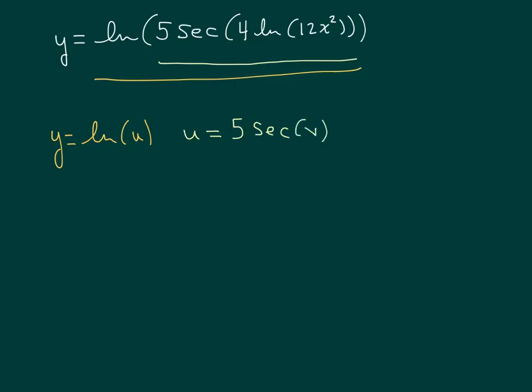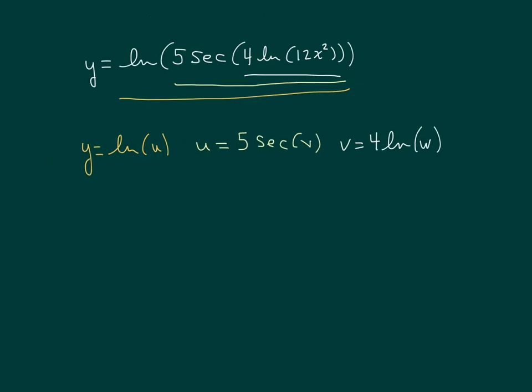I don't know. How about v? And then let's get to the next inside, which would be my v equals 4 ln, again, of something. So I don't know, how about w?